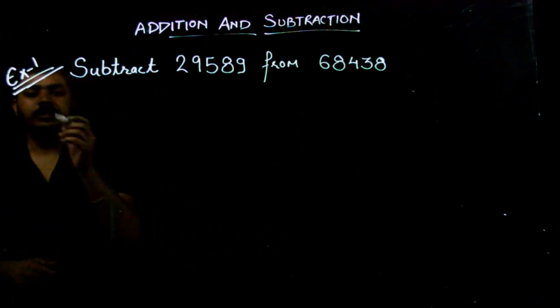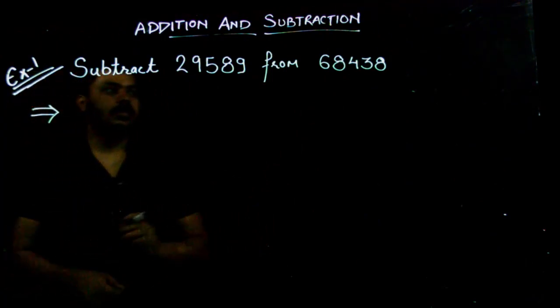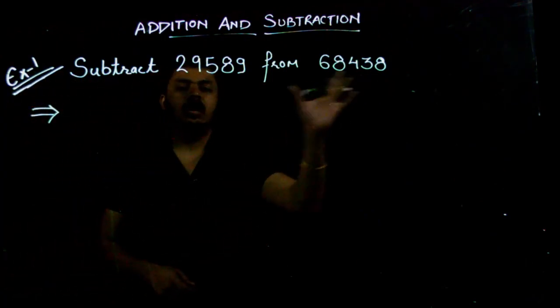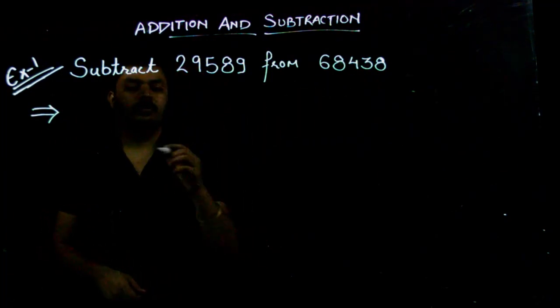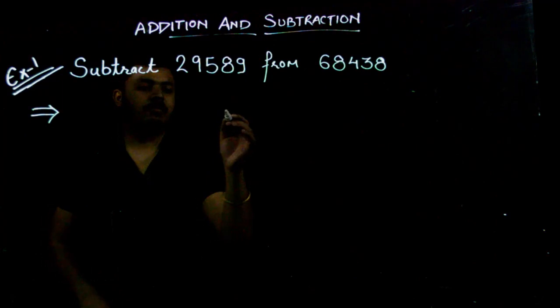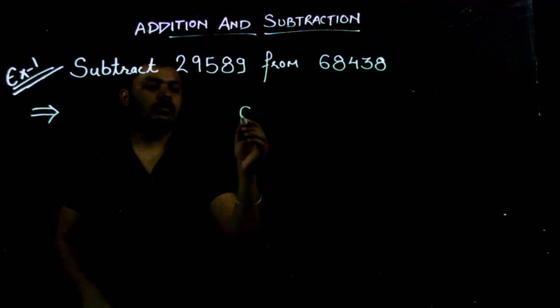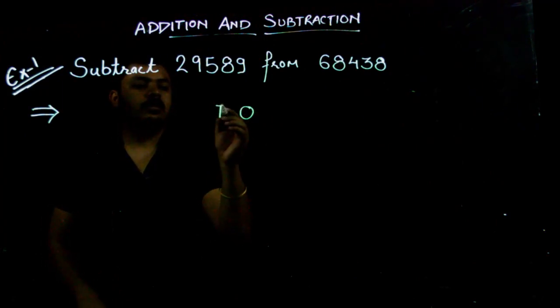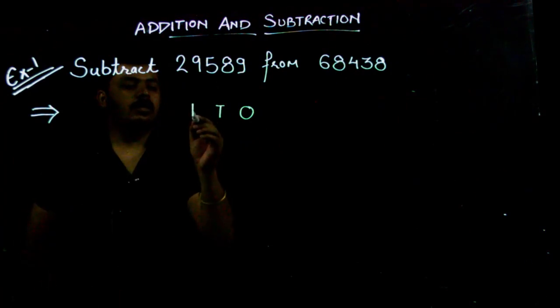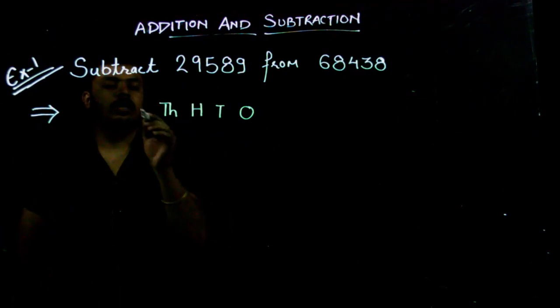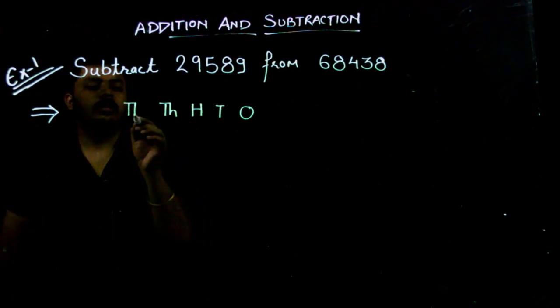So let's start. First we'll place the digits of our number according to their place values. So I'll write the place values: ones, tens, hundreds, thousands and 10,000s.